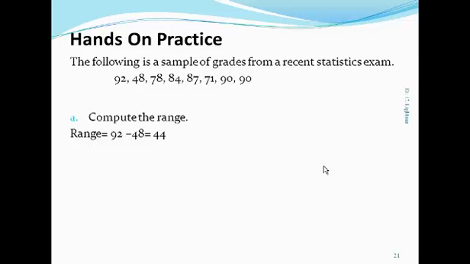When you computed the range, you should have taken the difference between the largest value in our data set, which is 92, and the smallest value in our data set, which is 48. This difference is 44. Therefore, our range is 44.